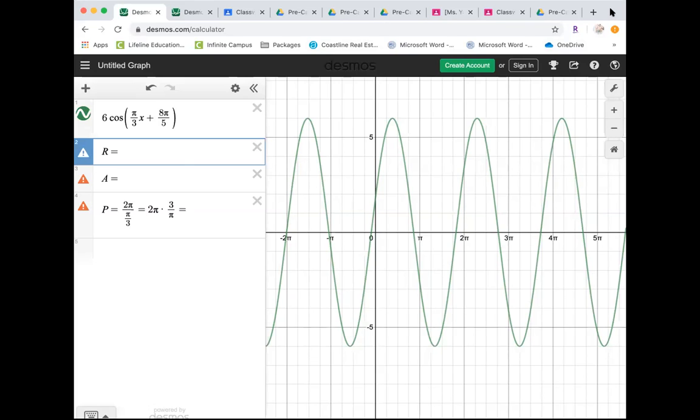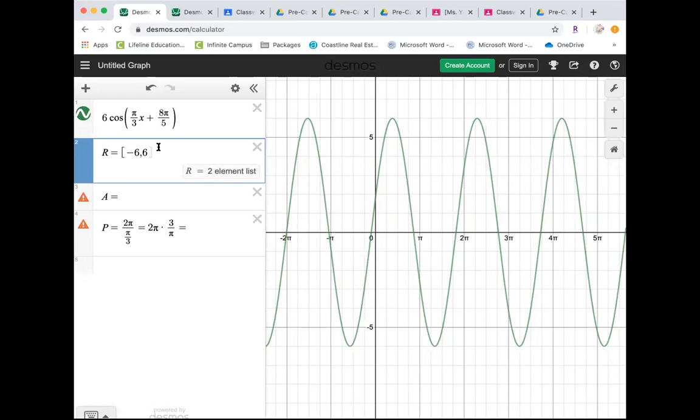Thank you. And then Jackie, sorry, what did you say? What would be the range for this? Negative 6, 6, in brackets. Perfect. And then someone else, what would be the amplitude for this?